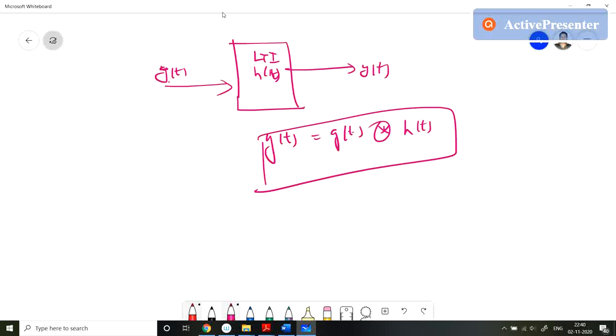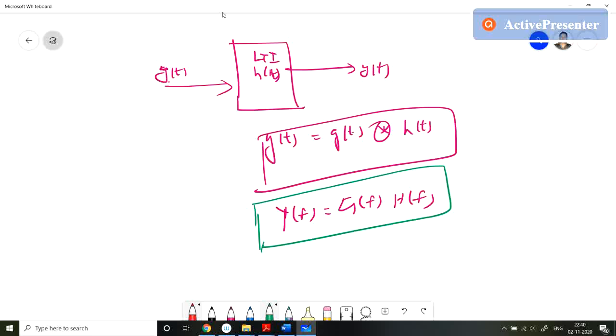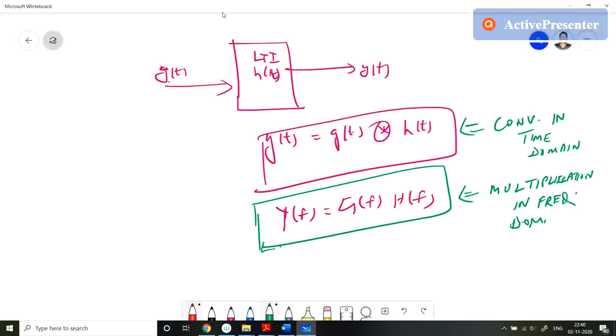Now if we take the Fourier transform on both sides, since it is convolution in the time domain, we have multiplication in the frequency domain, so Y(f) is equal to G(f) multiplied by H(f).